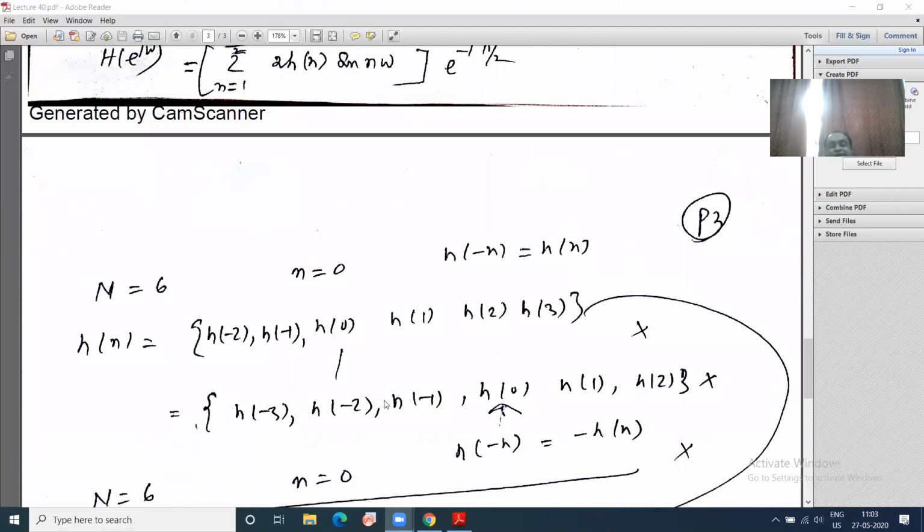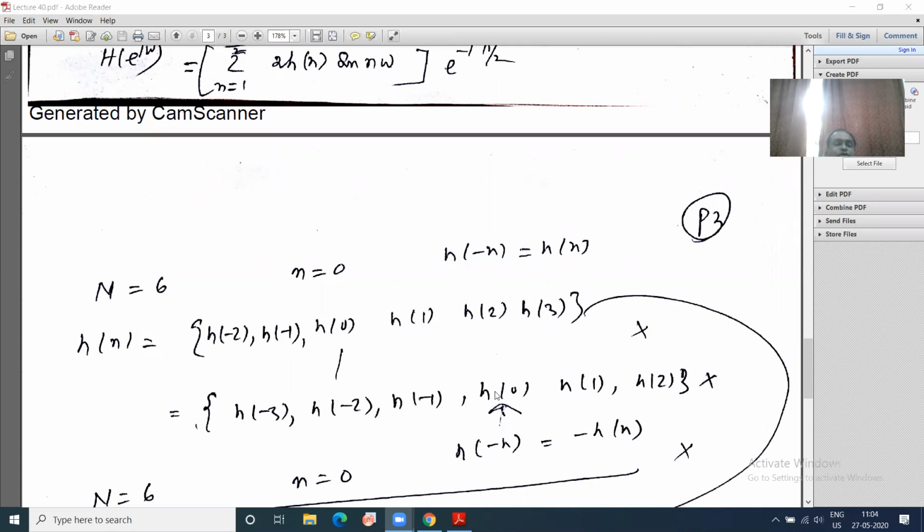For example, suppose N equal to 6, and I assume the symmetry condition with respect to the origin, that is n equal to 0, h of minus n equal to h of n. I can write minus 2, minus 1, 0, 1, 2, 3, or because only 6 points are to be taken, h of minus 3, h of minus 2, h of minus 1, h0, h1, h2.